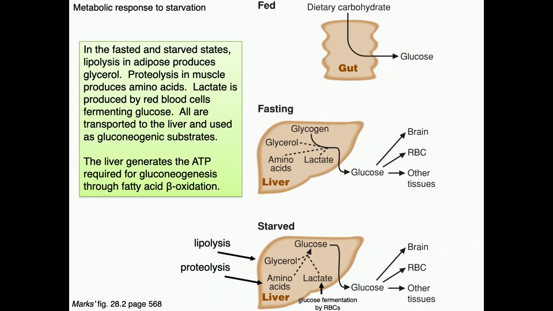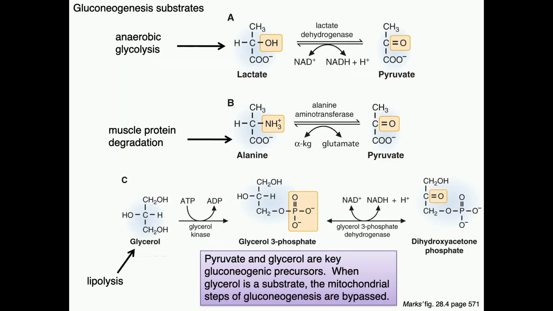Fermentation, yeah, down here, that's another name for anaerobic glycolysis. I think you've heard that before. We know that the general product of glycolysis is pyruvate, but in the absence of oxygen, we convert that pyruvate into the alcohol lactate.